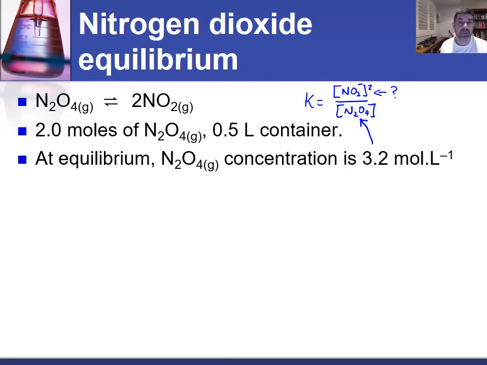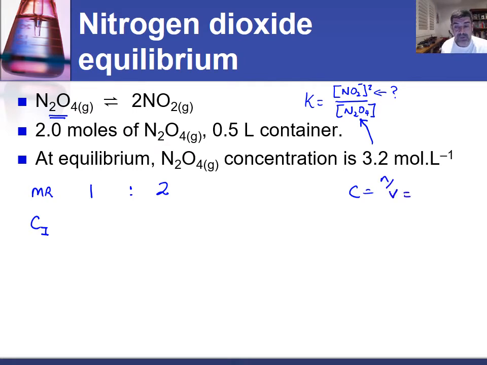So the easiest way to work it out is to use the ICE method. The ICE method relies on the fact that we need, first of all, the mole ratio, and the mole ratio here is 1 to 2. The concentrations that we get are related to the mole ratios. So we know that the initial concentration for the dinitrogen tetroxide, remember, concentration is number of moles over volume.